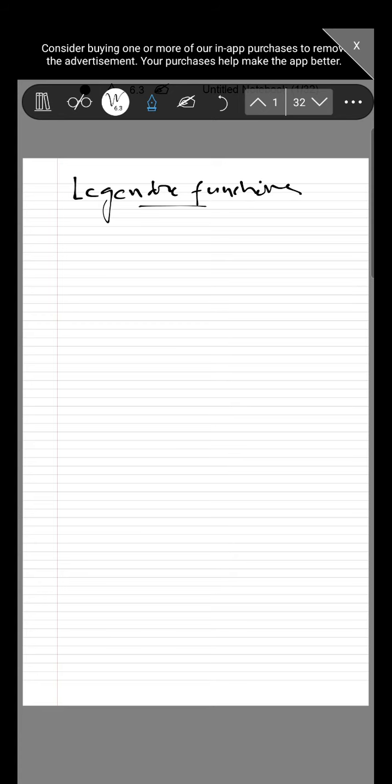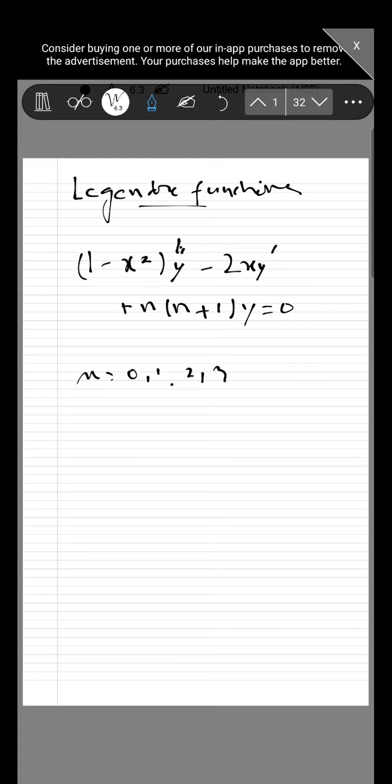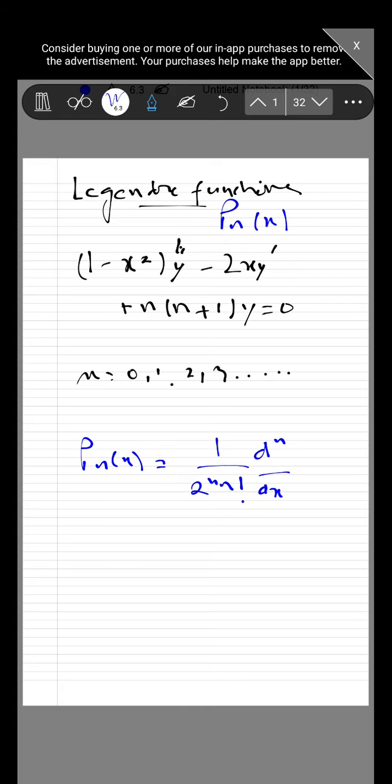So the differential equation is (1 minus x squared) times the double derivative of y minus 2x y dash plus n into (n plus 1) y is equal to 0, where n takes the value 0, 1, 2, 3, and by solution of this we get the Legendre polynomial P_n(x), and P_n(x) is equal to 1 by 2^n n factorial d^n by dx^n of (x squared minus 1) to the power n.